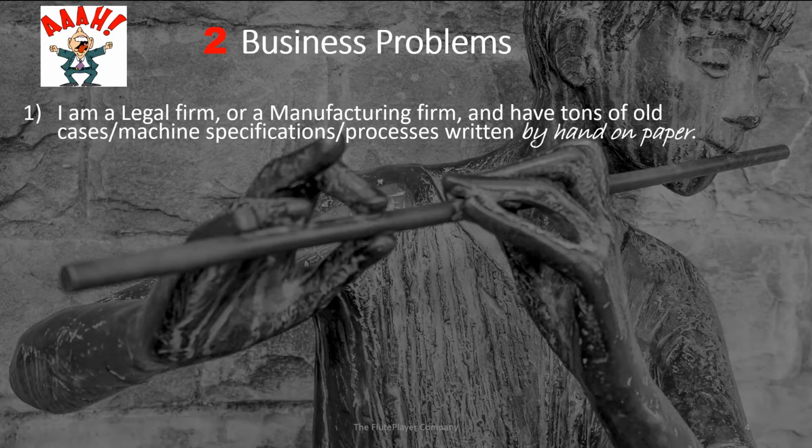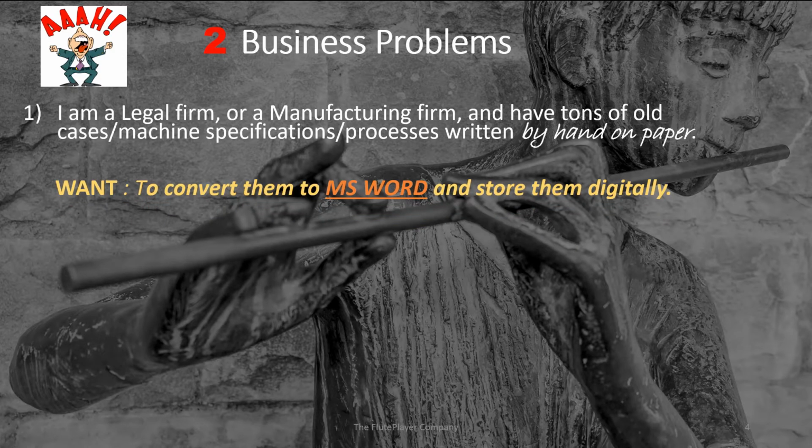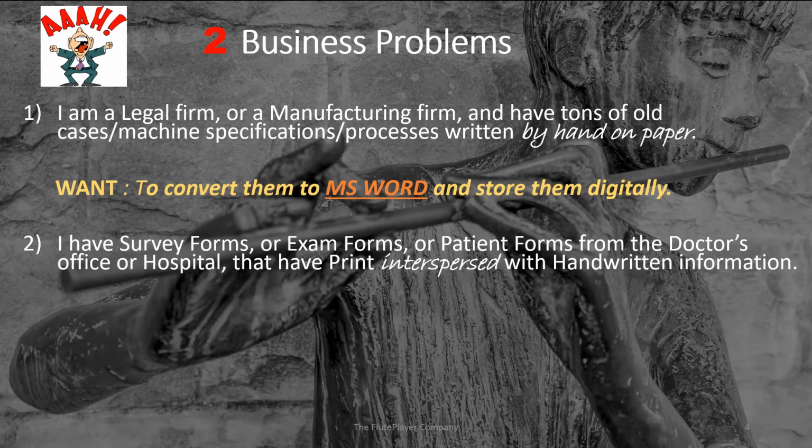And you would want to take advantage of them, and you would also want to store them digitally. You don't want them to be just a picture. You want them to be in a Word format so that you can cut and paste and use if required. So that is your first problem. Convert them to MS Word and store them digitally.